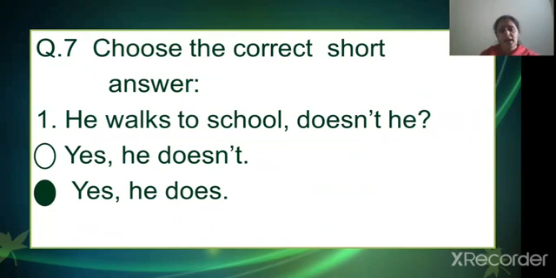Both the answers are yes, but the verb in the first one is doesn't, and in the second one it is does. So when yes comes, the verb will also be positive. It cannot be negative, right? Yes, he does will be the correct answer.